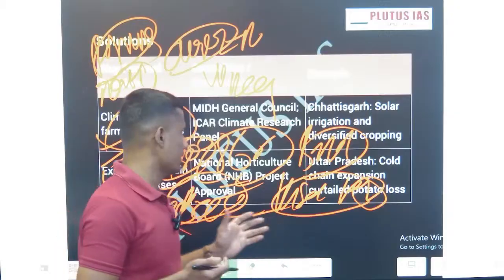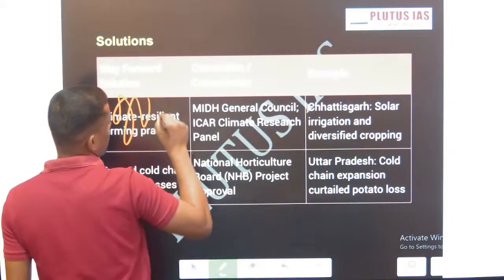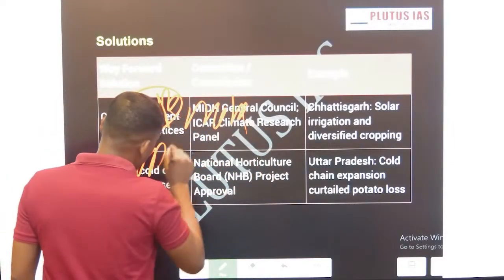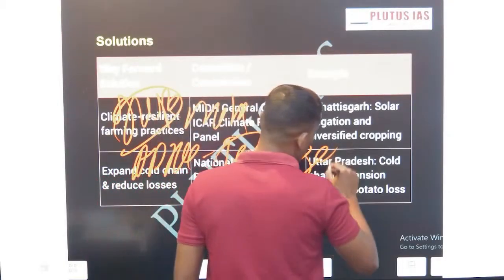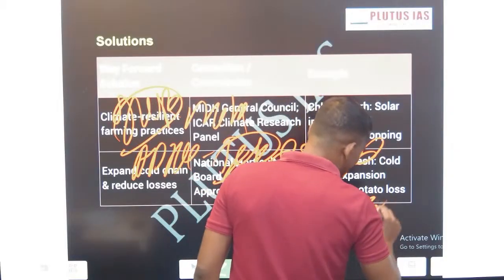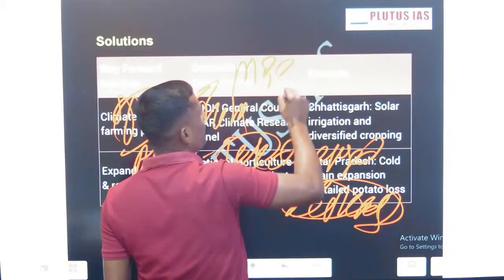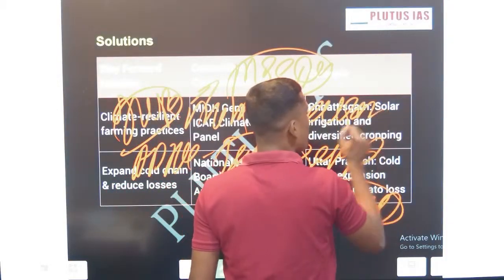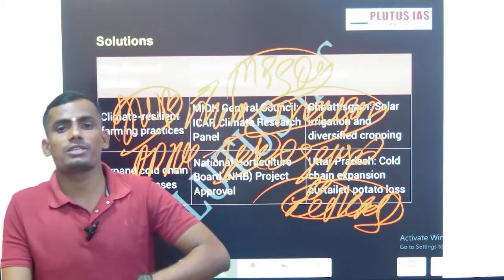If you see recently in the news, the grape farms in Maharashtra and apple farms in Himachal Pradesh and J&K region were fully destroyed because of cloudbursts or excessive rainfall. This could be avoided, and because of this reason the government of India has launched Mission Mausam under the Ministry of Earth Sciences. So this is one approach to address the climate vagaries.